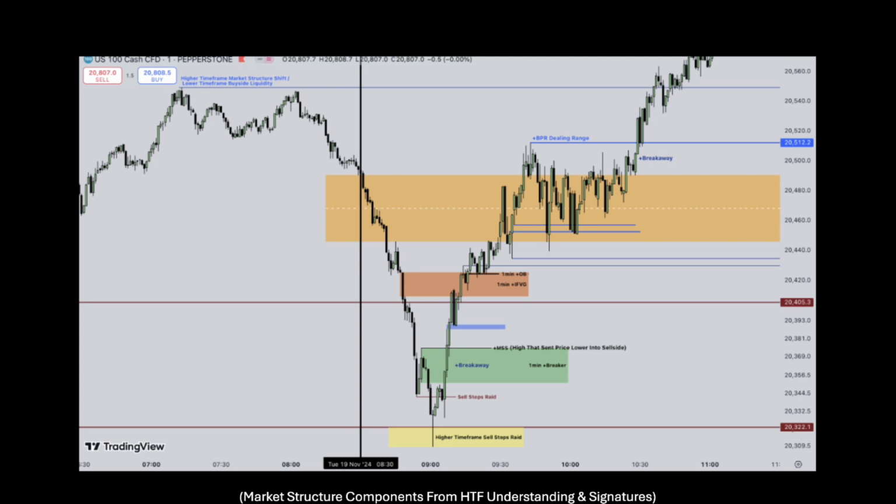Now, for our standard deviations, if you want to deviate something, it would be from this low up into this high. This was a manipulation leg. And you can also deviate from this low up into this high, again a manipulation leg, or from this low up into this high, and you can get the same measured target above this higher time frame liquidity pool.